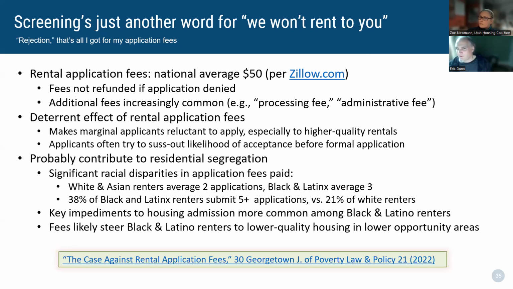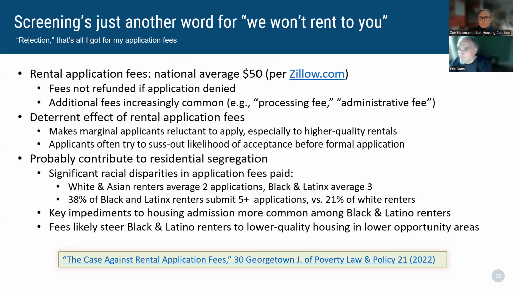But when you have to pay that fee just to apply and you don't get in and the money's non-refundable, and that means you have to pay over again to apply somewhere else, that becomes a different deal, because now you've got people that are going to be deterred from applying where they want to live because they think, I might not get in.